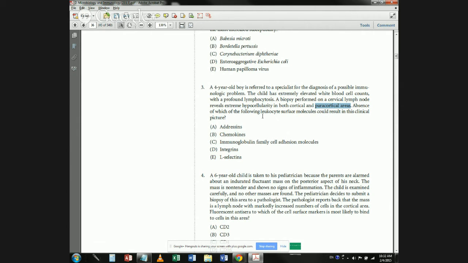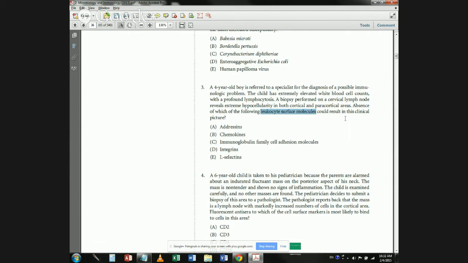Absence of which of the following leukocyte surface molecules could result in this clinical picture? Leukocyte surface molecules, both B and T cells, have L-selectins, remember?